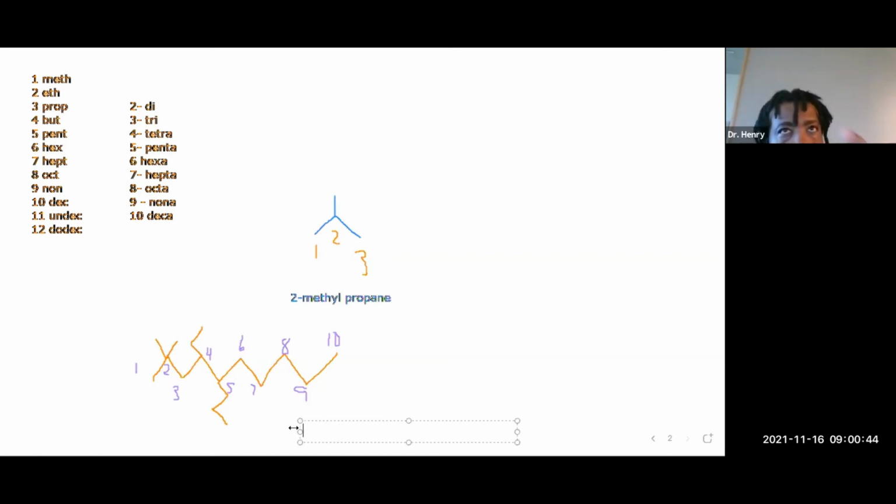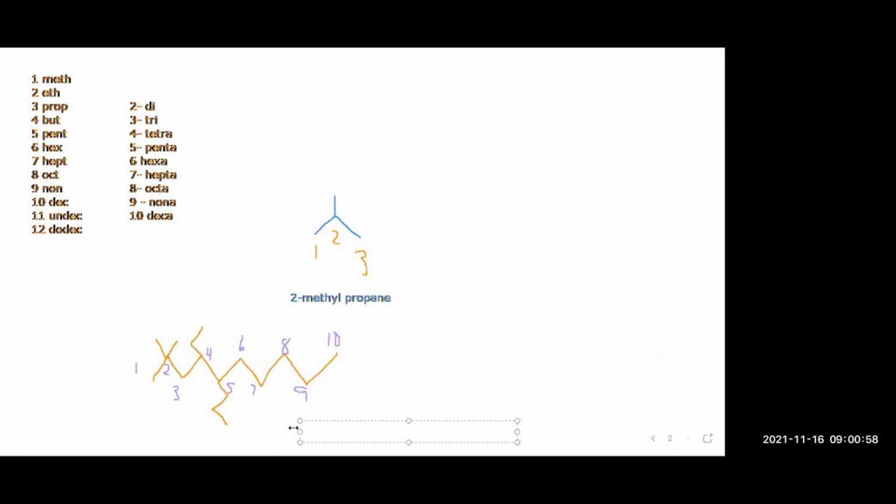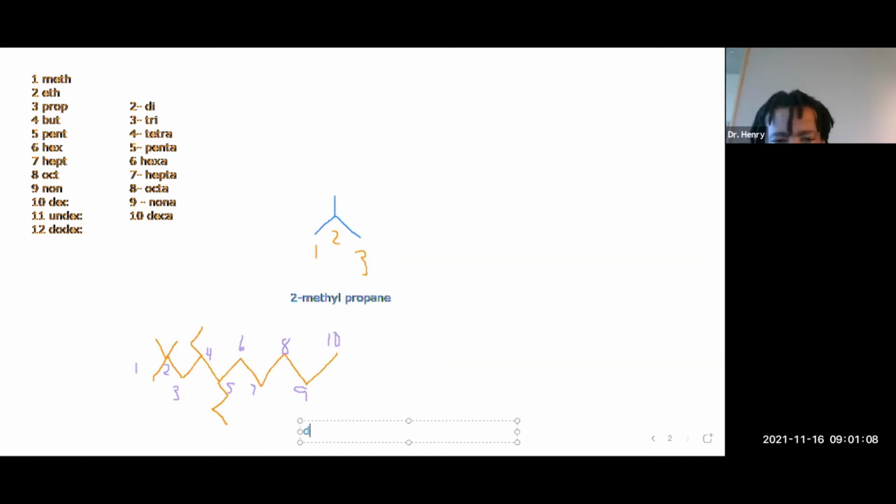So then the base is going to be, what do you guys think the base is going to be? What is going to be the prefix for a 10 carbon chain? Deca. That's right. So it's going to be deca, and so it'll be decane.